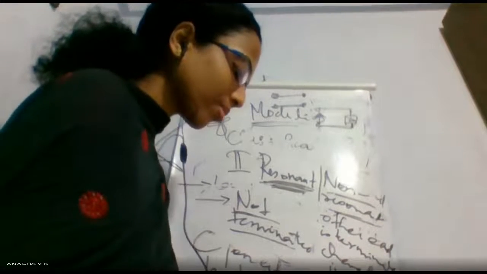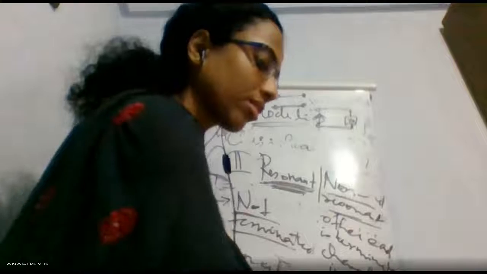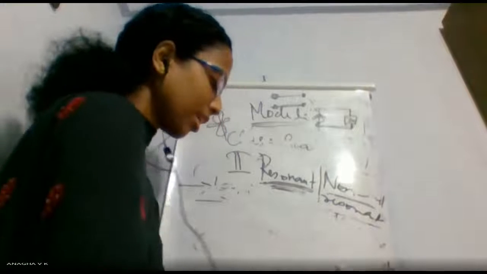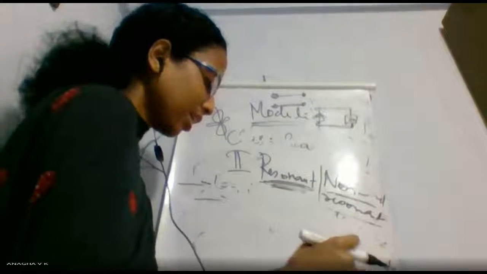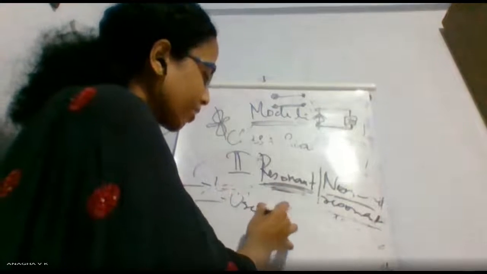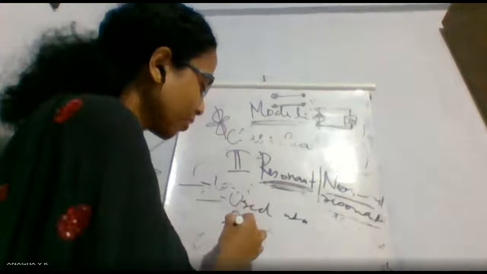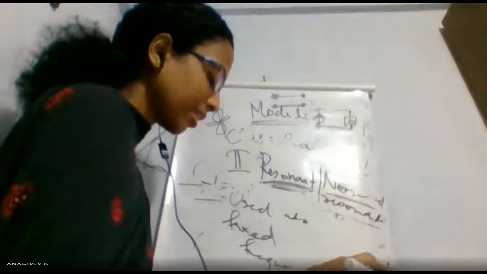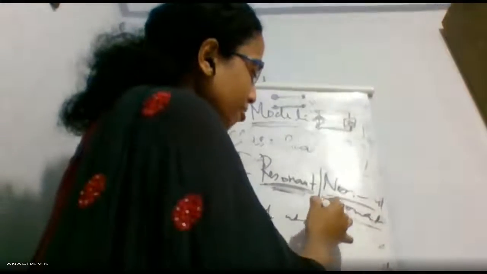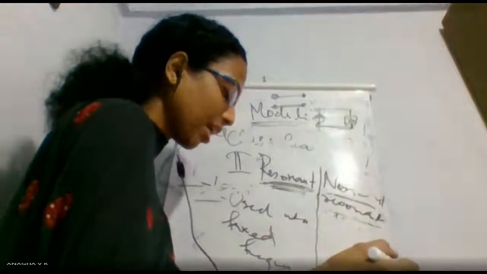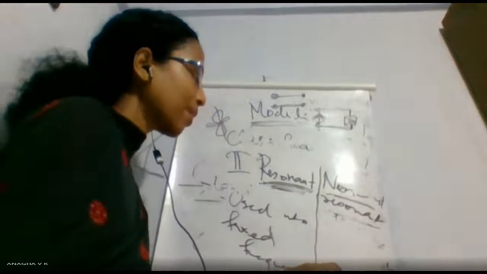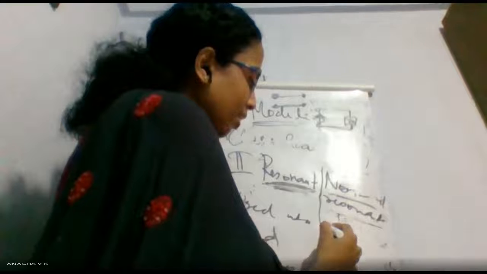In the case of a resonant antenna, it is used at a fixed frequency. But a non-resonant antenna is used at a range of frequencies.